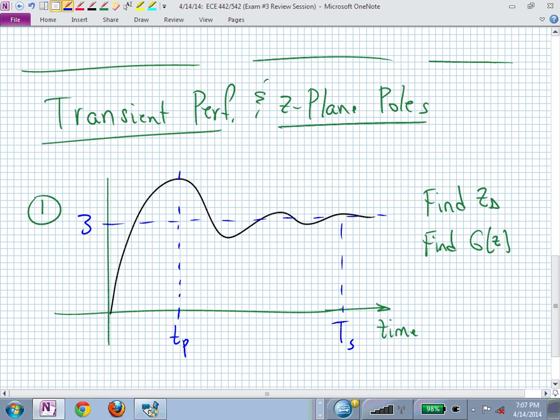You now have 3 different values. This is, let's say, y of n. Let's assume that this was a discrete time system. You now have identified time to peak, the settling time, and the final value. You now know the DC gain.